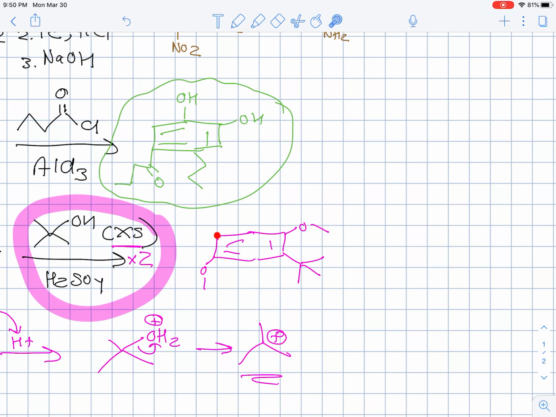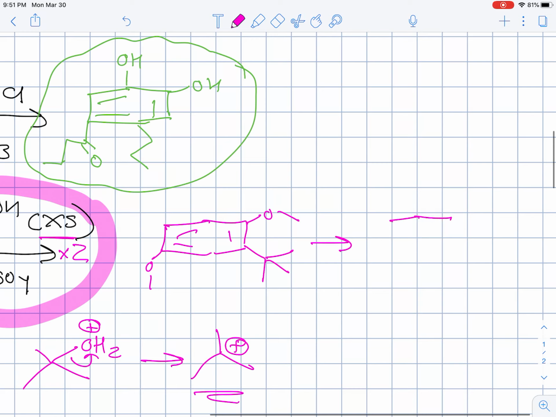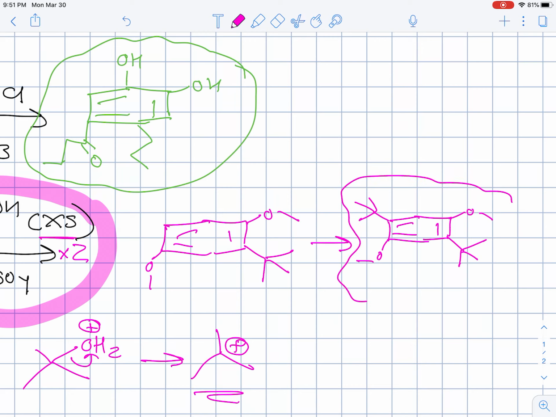Because when we attach the tert-butyl group here, a positive charge gets directed to this carbon, and that carbon. So drawing at last the final product, we've got our one tert-butyl group here and our second tert-butyl group there. And so that's going to be our final product.